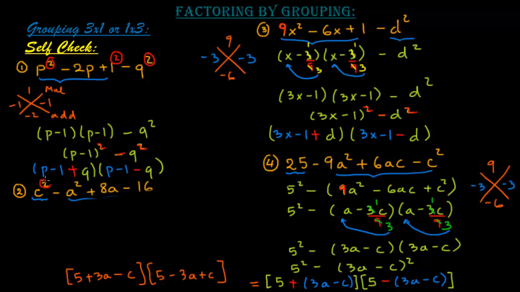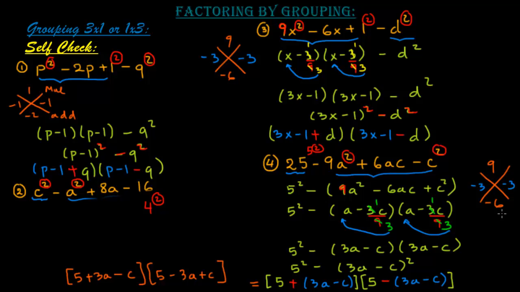We have c squared, a squared, and 16 can also be rewritten as 4 squared. So we also have 3 terms squared in problem 2. How about this problem? You have x squared, again 1 is also 1 squared, and d squared, so 3 terms. So as you see, in every single problem we have at least 3 terms squared to be able to do grouping 3 by 1. Otherwise we'll be grouping 2 by 2.